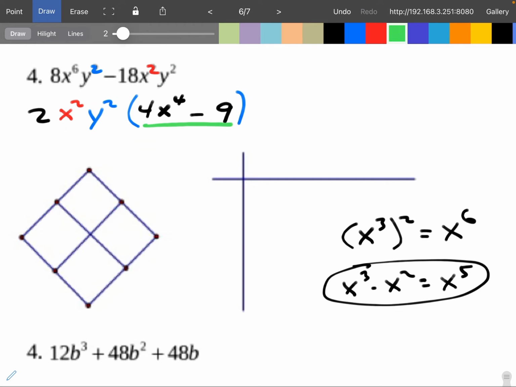So if it's got 2 terms, you're looking for minus in the middle. That's the difference. And then you're looking for 2 squares. And so that's going to work on this one, because you're looking at something squared minus something squared. Well, what would you square to get 4x to the 4th?